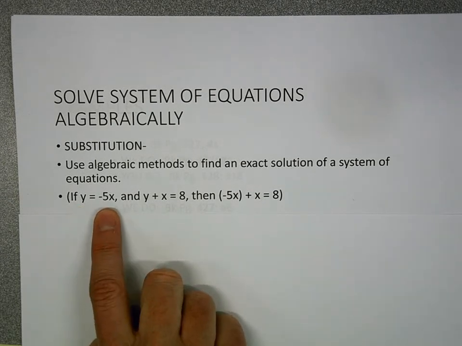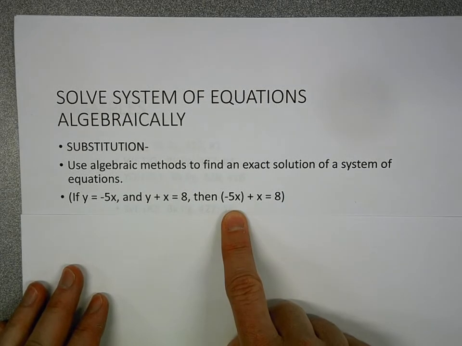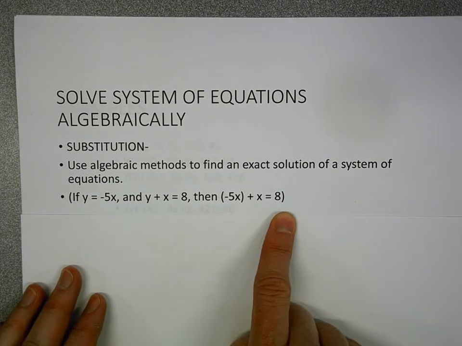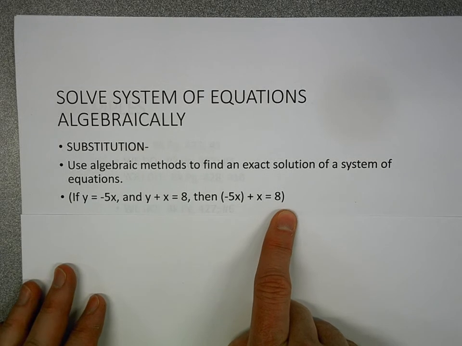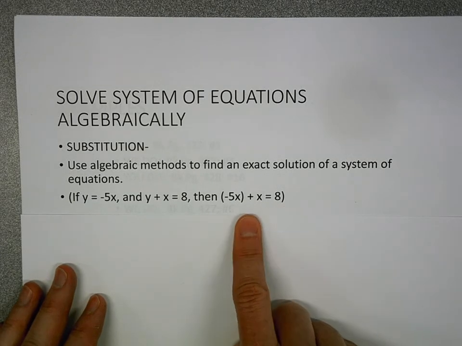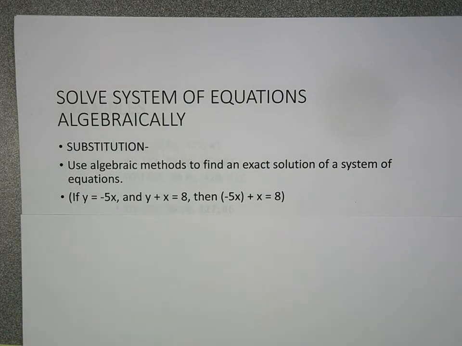Because y is equal to negative 5x, you could take this and plug in negative 5x where the y is. That way you have the same variable, and then you can start solving that. And that, of course, is just the beginning. That's the substitution part. I'll show you how we're going to take that and wrap it all into one to be able to solve these.